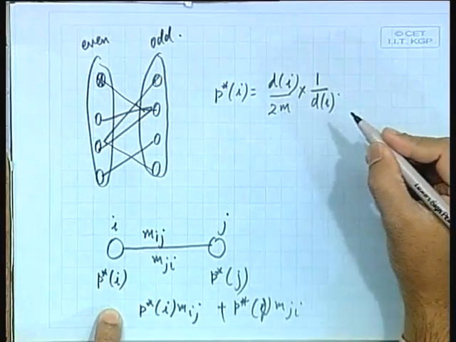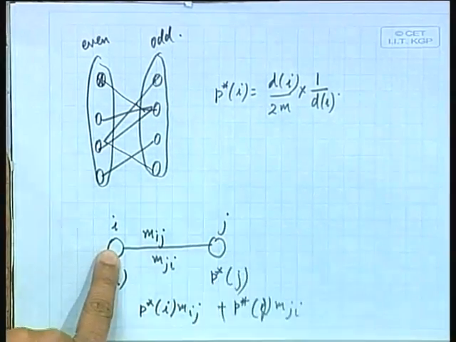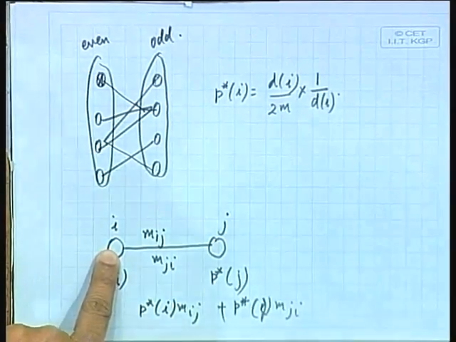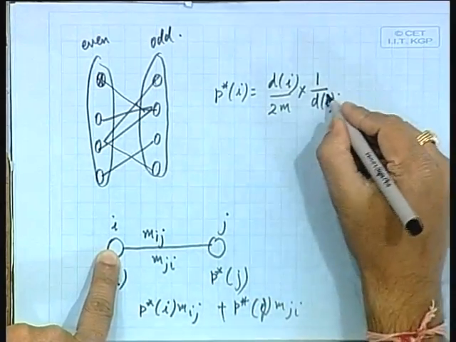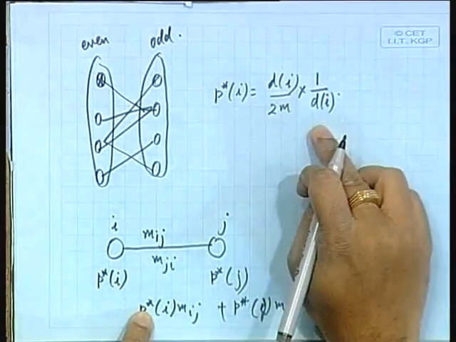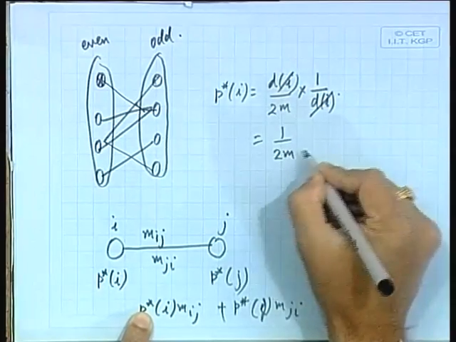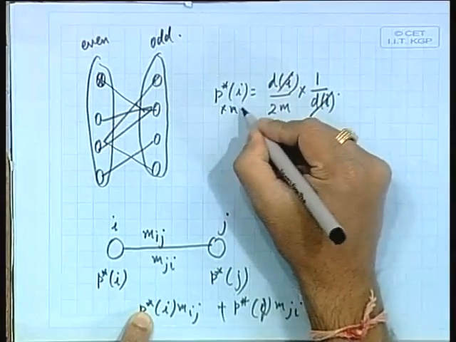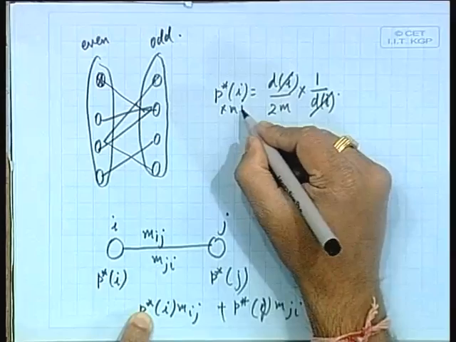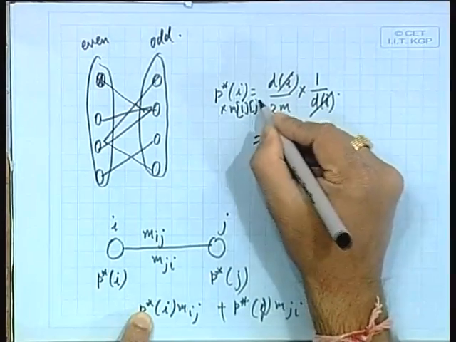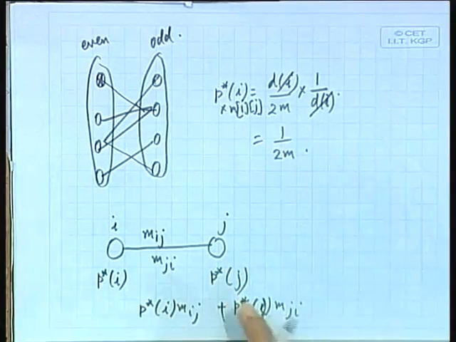Since the edge exists, the adjacency matrix has a value 1 for Aij or Aji, but in the Markovian matrix we have divided by the degrees, so it will be 1 by di. So, this cancels out and you will have 1 by 2m. So P star i into Mij will be this, and the same holds for the other direction. So, essentially this is true.